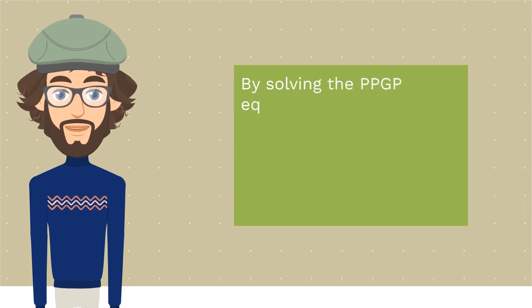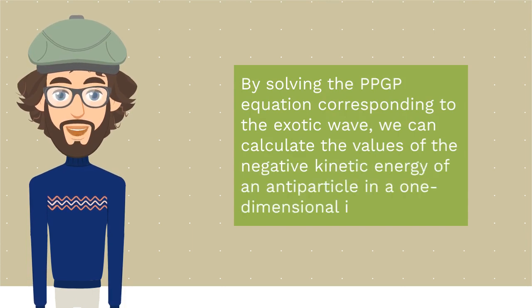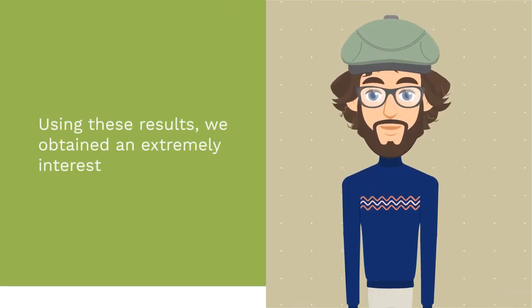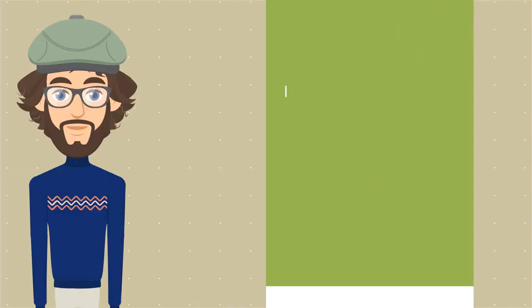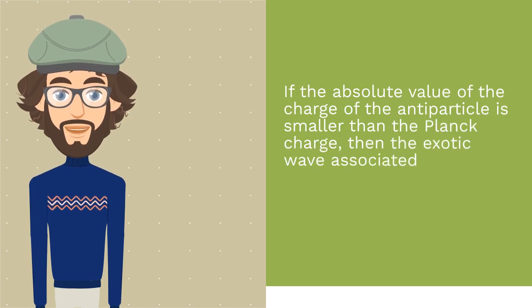By solving the PPGP equation corresponding to the exotic wave, we can calculate the values of the negative kinetic energy of an antiparticle in a one-dimensional infinite well. Using these results, we obtained an extremely interesting outcome. If the absolute value of the charge of the antiparticle is smaller than the Planck charge, then the exotic wave associated to the antiparticle has a non-null size.